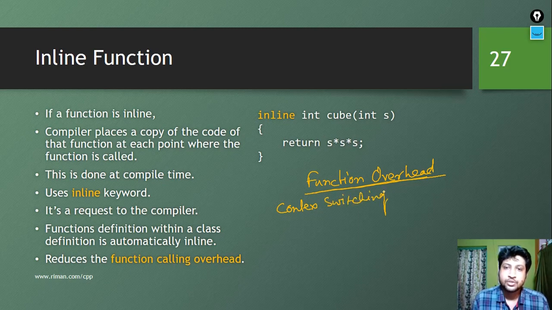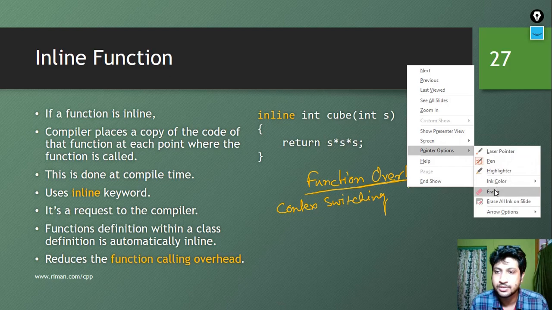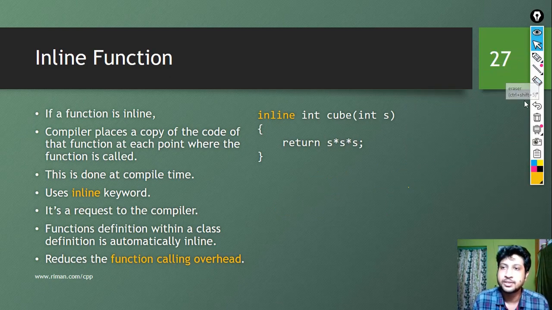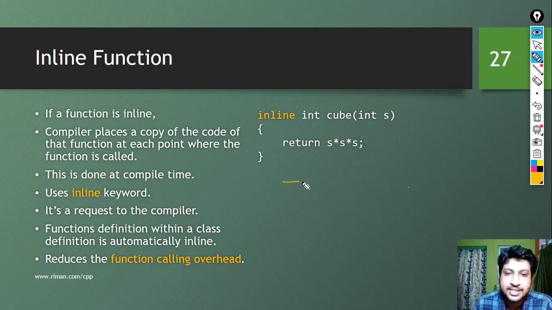So what is happening in this particular case? What is function overhead? Whenever we call a particular function, a process is running or a function is running, and what is happening?